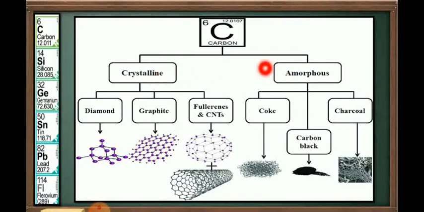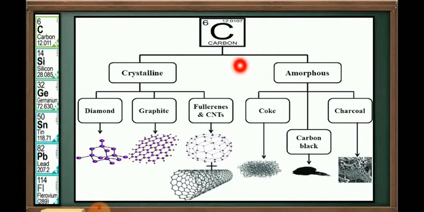The crystalline allotropes are diamond, graphite, fullerenes and CNTs, which are called carbon nanotubes. Whereas the amorphous forms of allotropes of carbon are coke, carbon black, charcoal, etc.